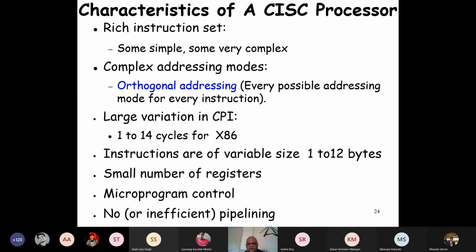Therefore the control circuit size is huge, takes most of the chip, 80% of the chip area goes in control circuit. And we could implement a very small number of registers, because most went into the control circuit. We had something called a micro-coded control. The control itself had a program stored, executed, and so on. That's called micro-program control, and pipelining was not possible.